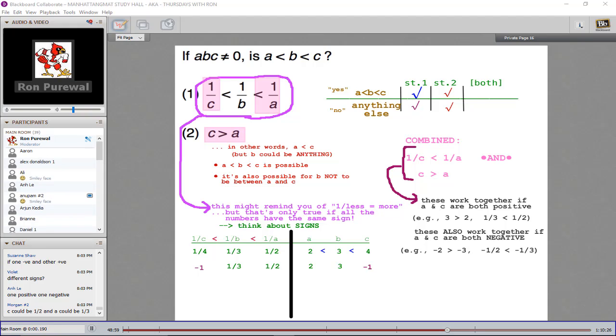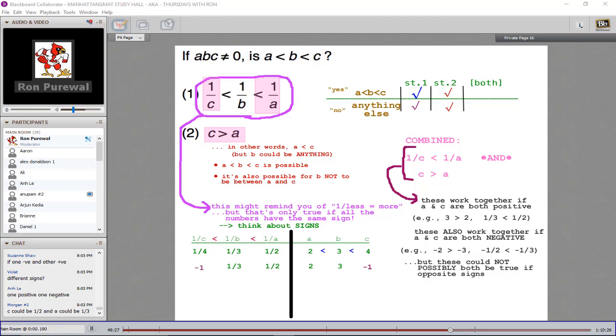But the only way that this could not possibly work is if they have opposite signs. Because, for example, to make C greater than A, you'd have to make C the positive one.